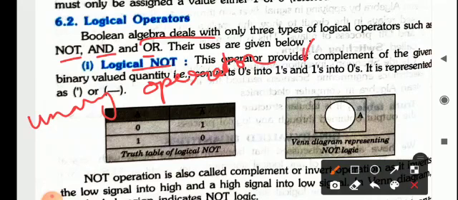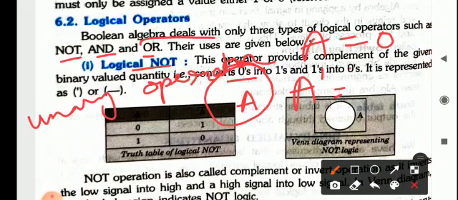For example, for input A, the sign for NOT is either A complement, or you can put a bar sign on top of the variable. Like you see here, this is the bar and this is the complement sign. Both mean logical NOT.